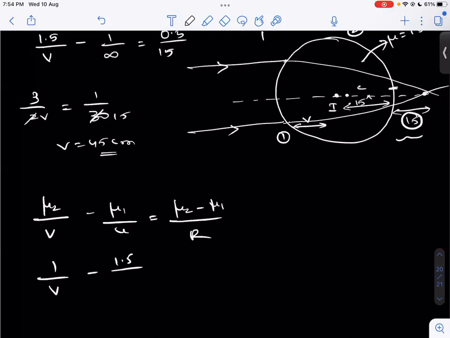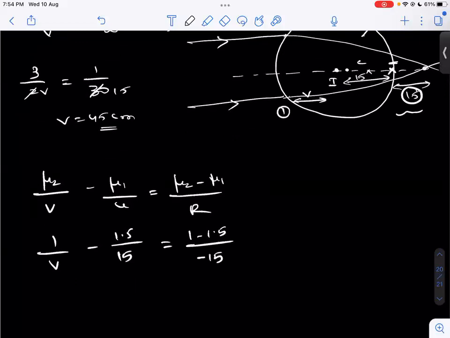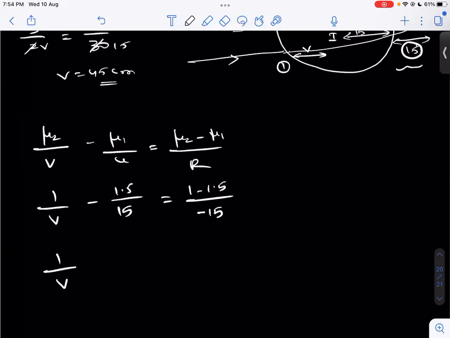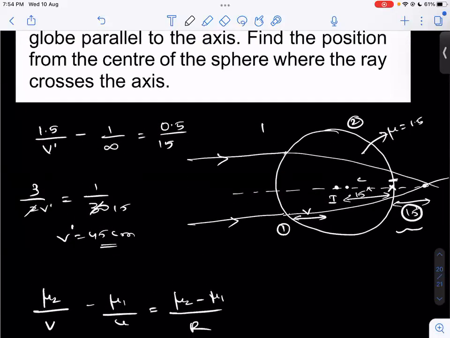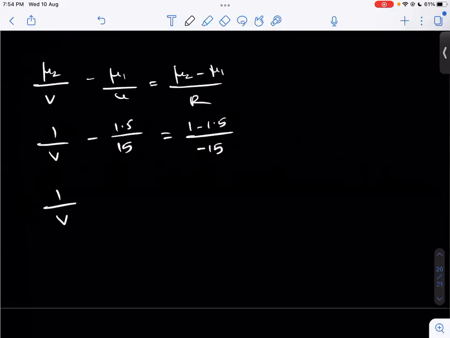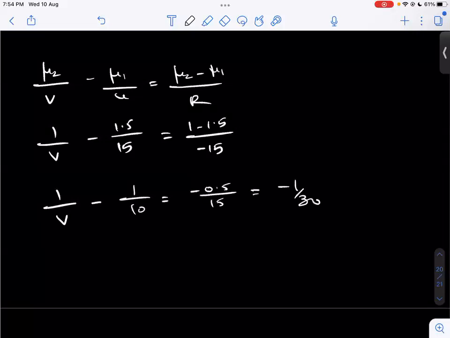So this is equal to mu2 minus mu1, that is 1 minus 1.5, divided by the radius of curvature of the second refracting surface, which is minus 15. So 1 divided by v, this is v dash, minus 1 by 10 is equal to minus 0.5 divided by 15, that is minus 1 by 30.